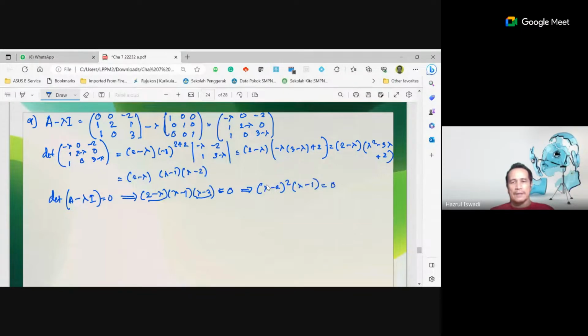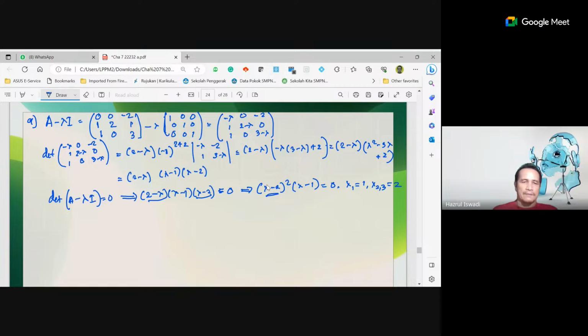We get lambda 1 equal to 1, and lambda 2 and 3 equal to 2. We have a repeated solution here.